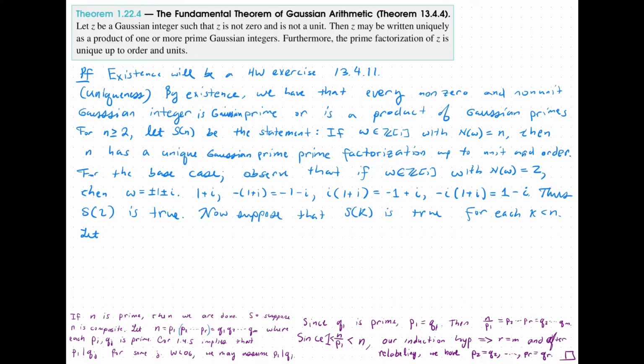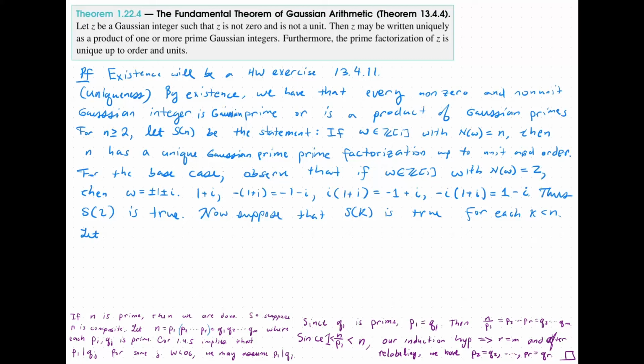It may be the case that the n we choose has no W whose norm is that n. So for example, 3. Are there Gaussian integers whose norm is 3? If that were the case, that would mean that 3 is equal to a squared plus b squared for some integers a and b. And we know from Fermat's sum of squares that that is not the case.